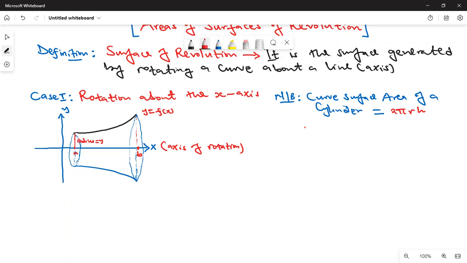Now, in this case, this is almost a cylinder, yes, but now the radius keeps on changing. That's why the areas of the cross section are not the same, because the radius keeps on changing.